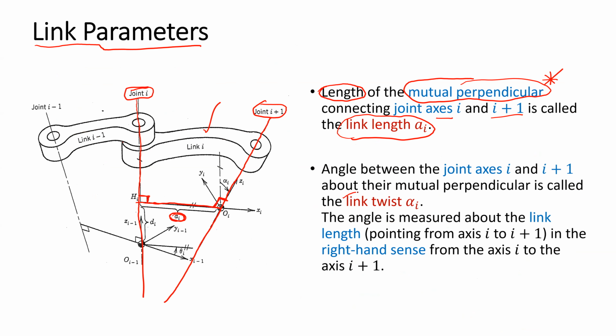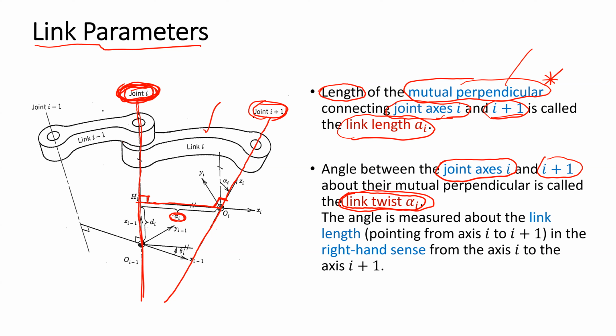How about the link twist? The link length considers the distance between the joint axes along the mutual perpendicular line. The link twist considers the direction difference between the axes. In this picture, joint i points in this direction.